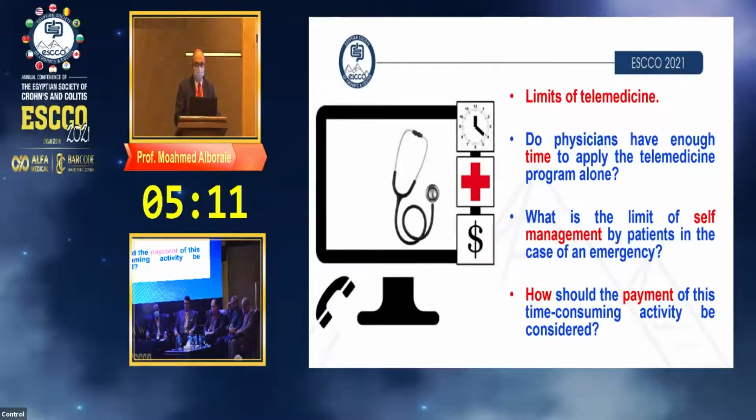So, collectively, the limitations of telemedicine include the time that the physician has to offer to patients to practice telemedicine, and the question of whether self-management by the patient is trustable, or is it enough to do it through the application, or do we need more control over our patients? And the last thing, how should the payment be done through the insurance companies?